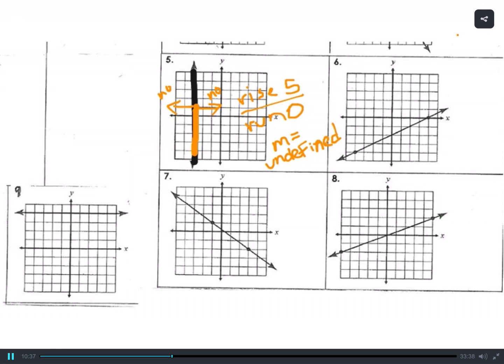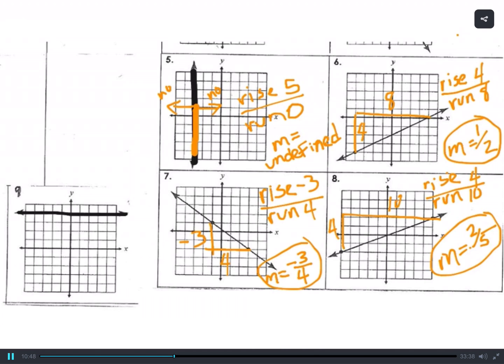All right, now that we've done example 5, I want you to go ahead and pause the video and work on examples 6, 7, and 8 on your own. All right, take a minute, look through my numbers 6, 7, and 8. Some of you, you're probably struggling the most with reducing your fractions. So just make sure that you can find a number that both your numerator and denominator are divisible by.